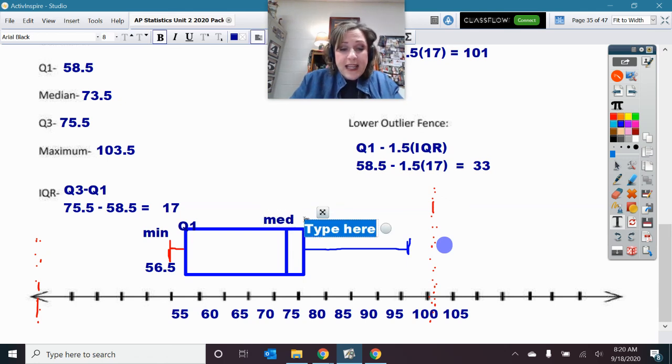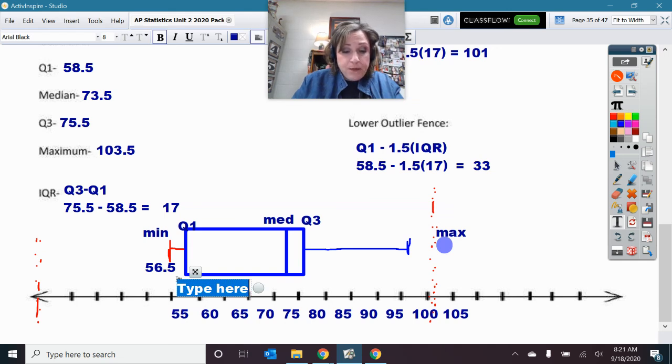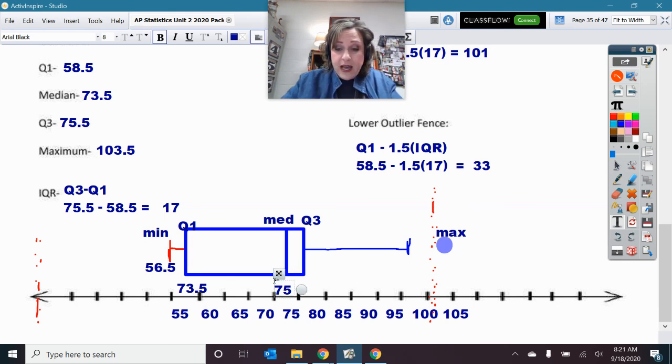Okay, so I'm going to label what those are called, and the max is over here. Okay, but then underneath it here, that's where I'm going to put the numbers. So my 73.5 is that Q1. My median was 75.5, and so on. Okay, so I am then labeling those. It's kind of hard to squinch this in here.